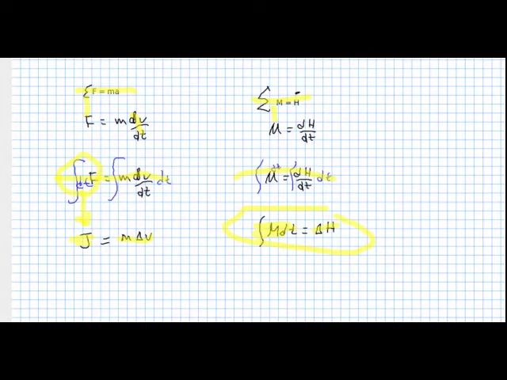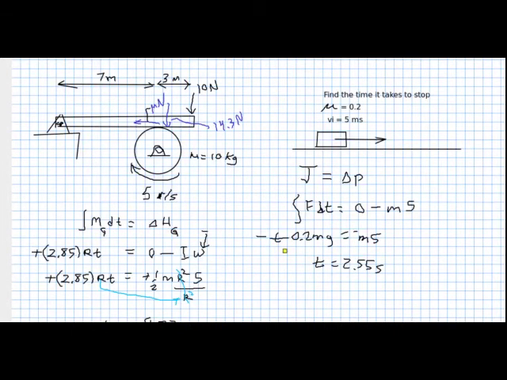So I've got a sample problem. And in fact, I've got two sample problems. I'm going to do two problems side by side. I'm going to do one that involves linear impulse and momentum on the right, and at the same time, I'm going to do one that involves angular momentum on the left.